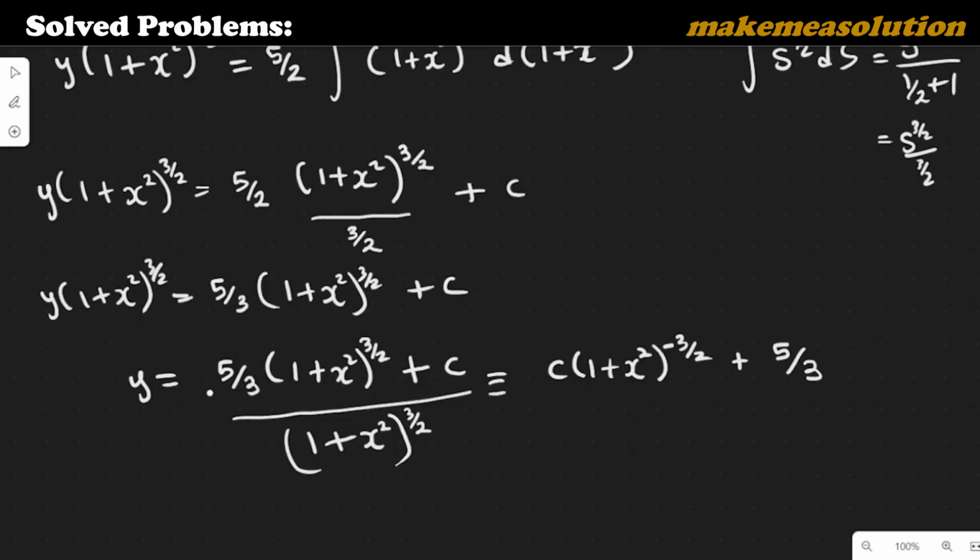So this is our y: c into 1 plus x squared to the minus 3 over 2 plus 5 over 3.